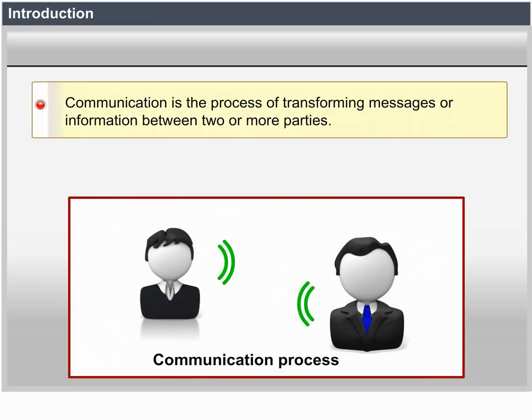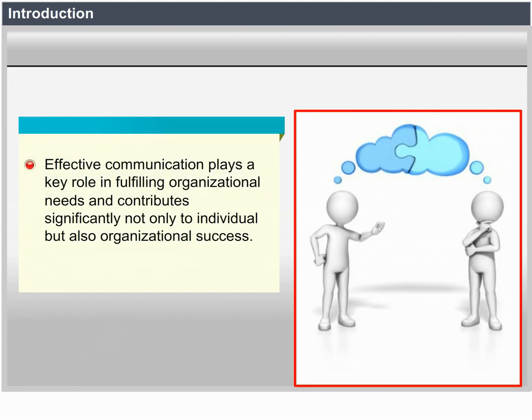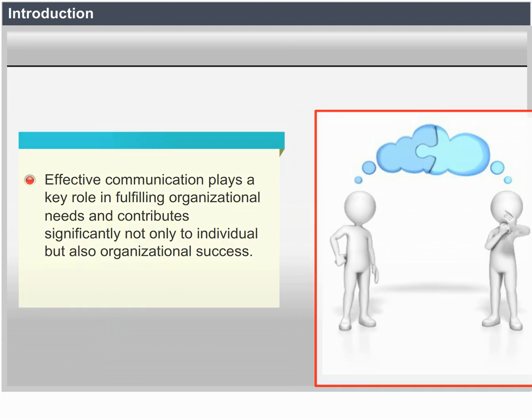Introduction. Communication is the process of exchanging messages or information between two or more parties. Effective communication plays a key role in fulfilling organizational needs and contributes significantly to individual as well as organizational success.